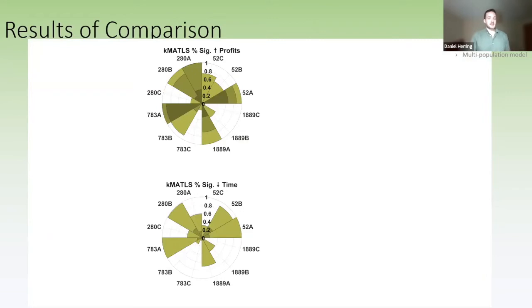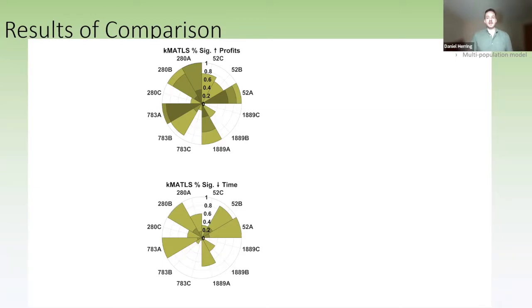In order to summarize these results, we provide the comparisons through a statistically driven comparative analysis, which respects the complex behaviors in dynamic problems. Again, the instance names are given radially around the plot, and the algorithm name is given just above it. The top and the bottom plots respectively show the proportion of generations in which this particular method achieves solutions with a significantly higher profit on the top or significantly lower times.